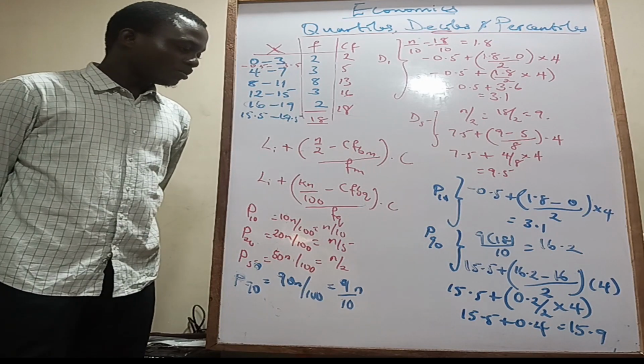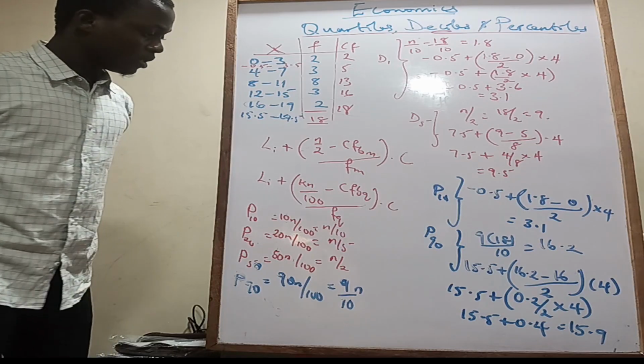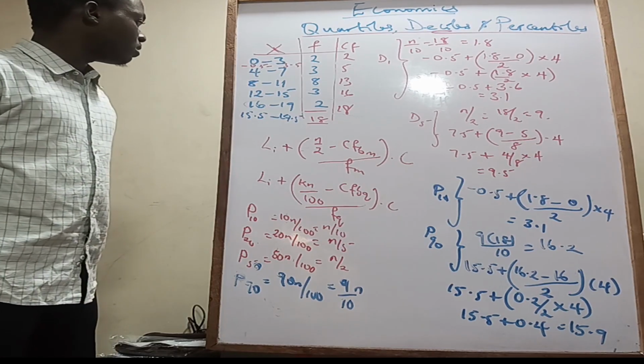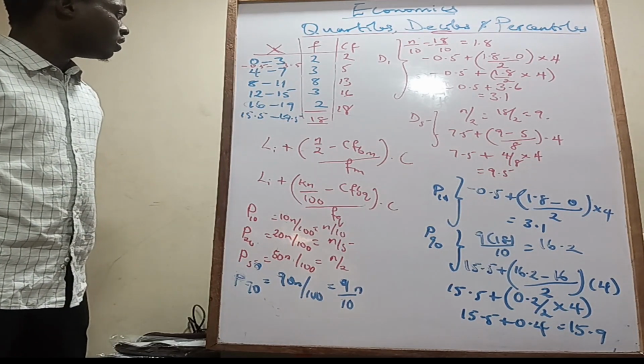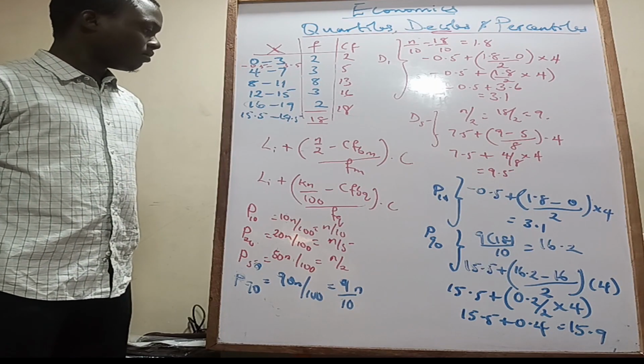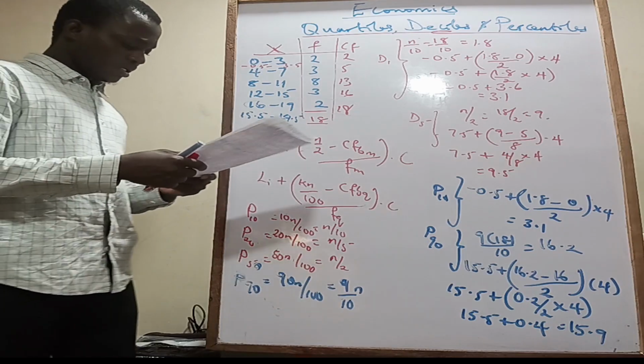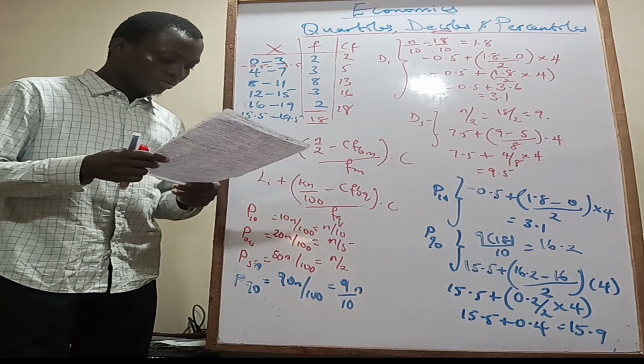Then 0.2 over 2 times 4 gives 0.4. So 15.9. That's going to be our 90th percentile, and on and on like that. So that's about the whole thing. I don't think there is any big deal.